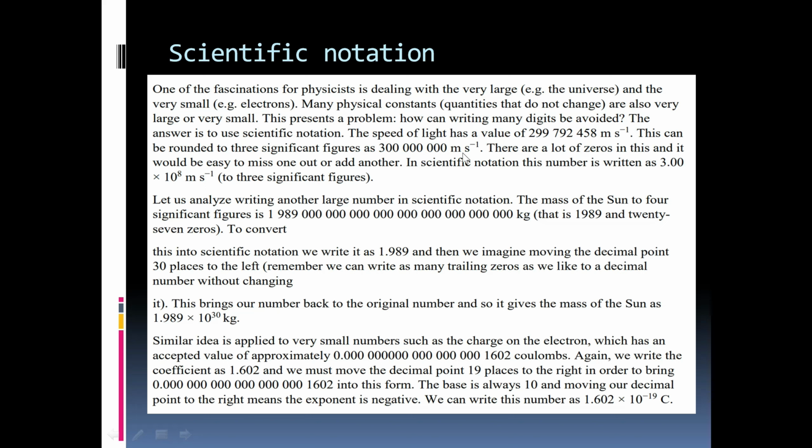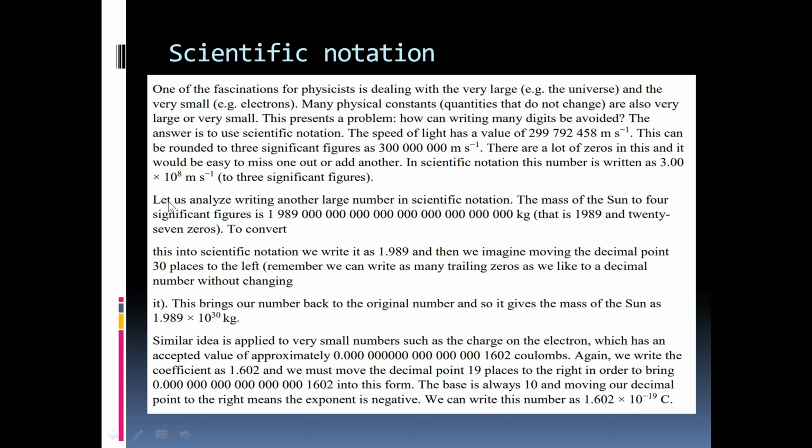Just look here, we have got 8 zeros, so it would be easy to miss one out or add another. Therefore we convert this into scientific notation, and in scientific notation this number is written as 3.00 multiplied by 10 raised to the power 8 meters per second. So we have converted this into three significant figures.